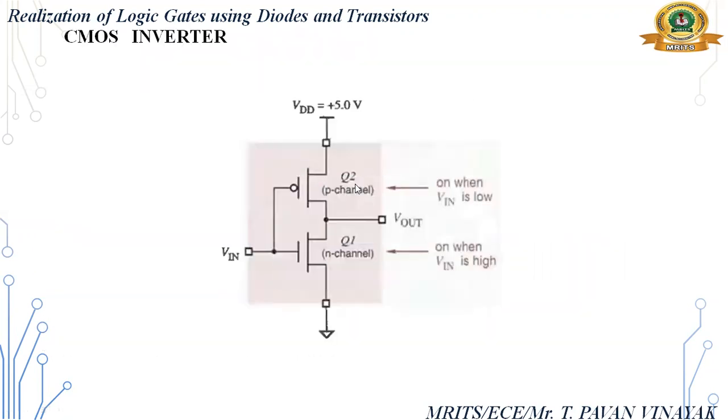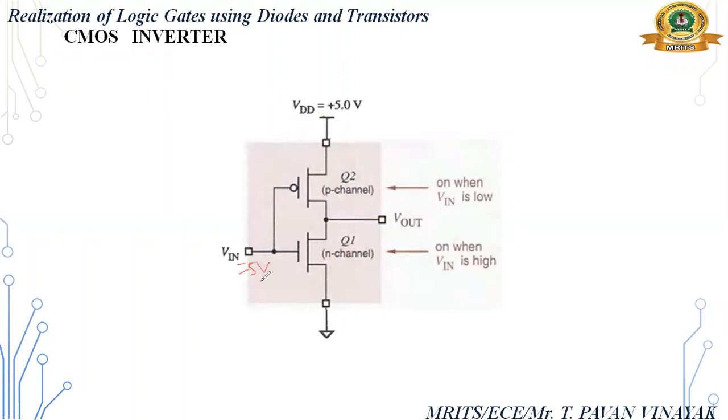Next logic gate, CMOS inverter. CMOS inverter means CMOS NOT gate. Already I said the operation. Whenever one is on, the other is off. When Vin is equal to 0 volts, the output is VDD, that is 5 volts.